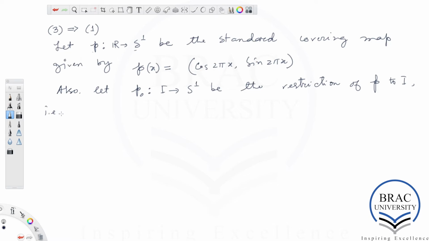That is, P restricted to the unit interval is nothing but P0. So it's evident that this class generates the fundamental group pi 1 of the unit circle with reference to the base point, which is 1, 0.